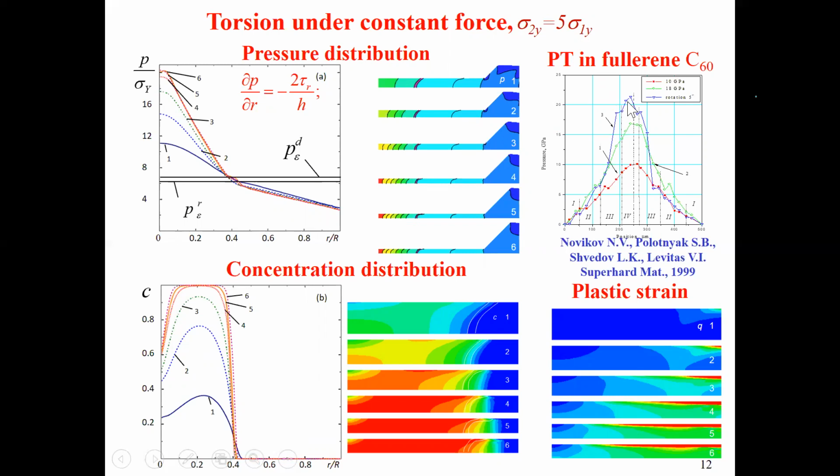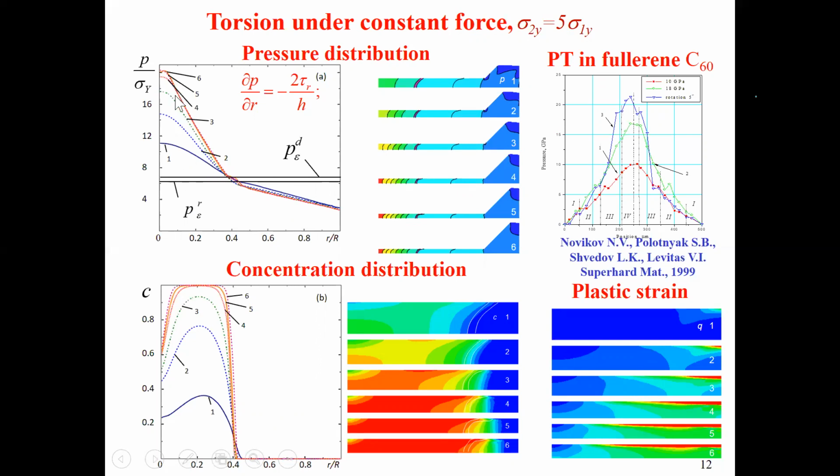And this looks like a contradiction to the Le Chatelier principle, but as I told, classical thermodynamics does not work for plastic strain-induced phase transition. And with our model, without any tricks, we reproduced it. You see during rotation, the volume fraction of high pressure phase increases in the central region and pressure increases.